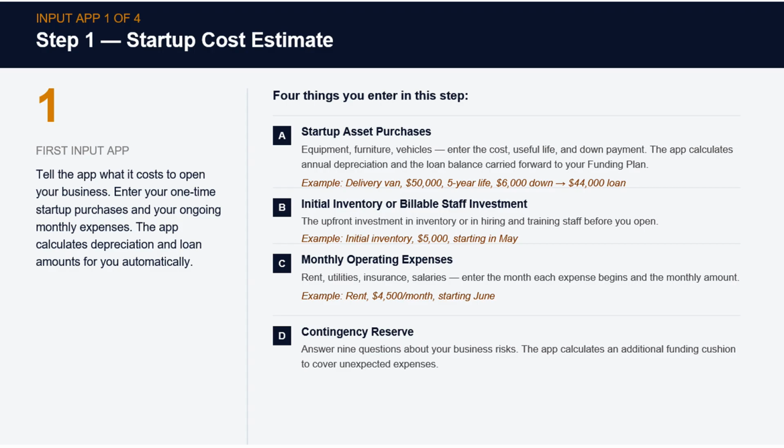Then C would be monthly operating expenses, and it has basically a listing, and you can delete or add and change the operating expense structure however you want to. You can customize it however you want, okay?